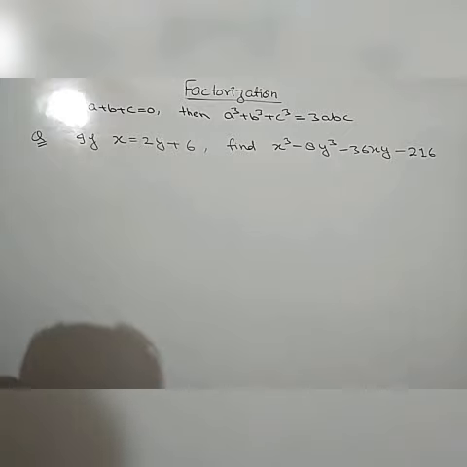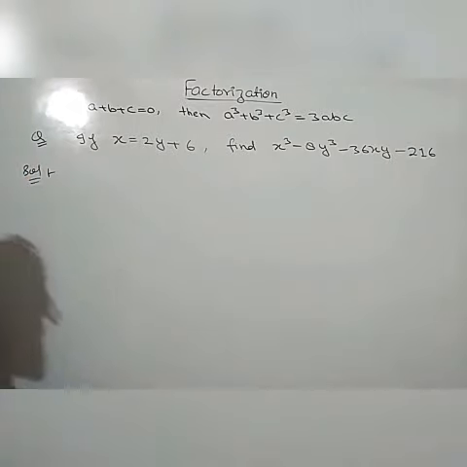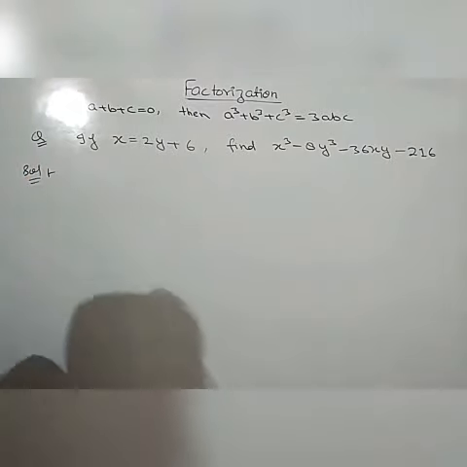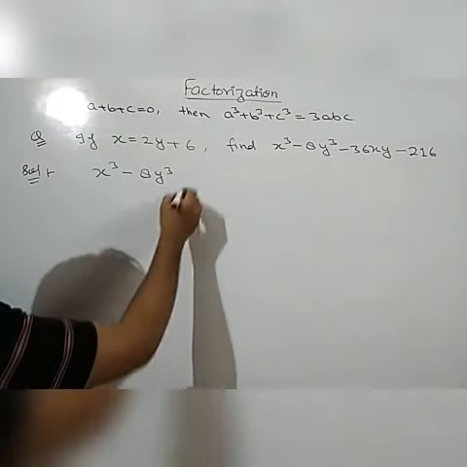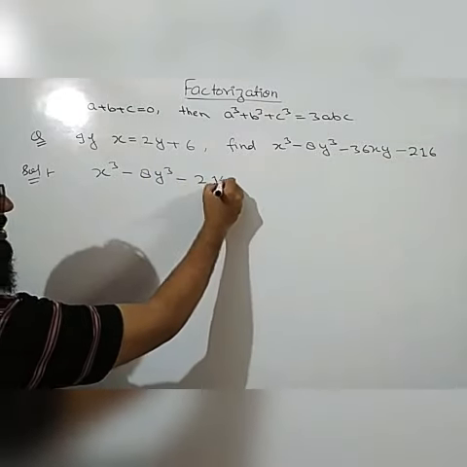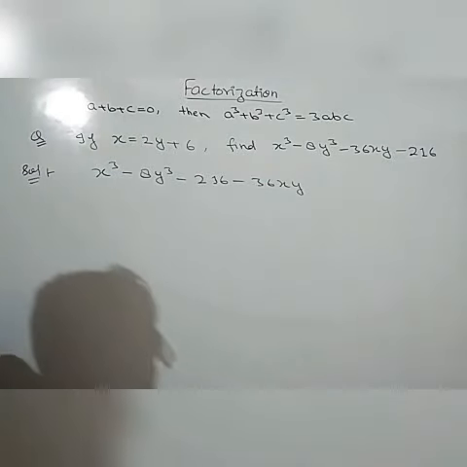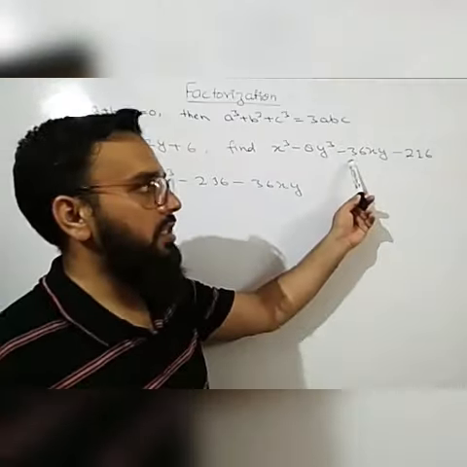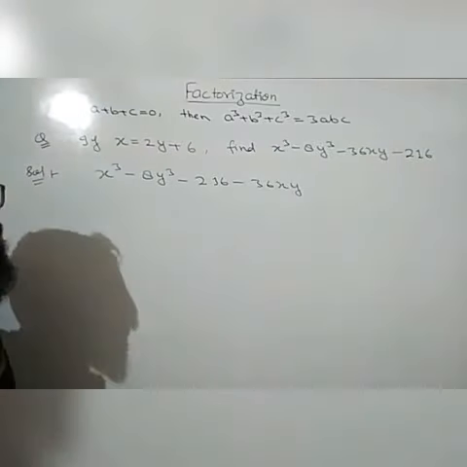So these type of questions are also very important. So first let us take the term which we have to find. We have to find this term. So let us arrange this term. It is x cube minus 8y cube minus 216 minus 36xy. I have written this 216 before 36xy because we can convert 216 in terms of cube.